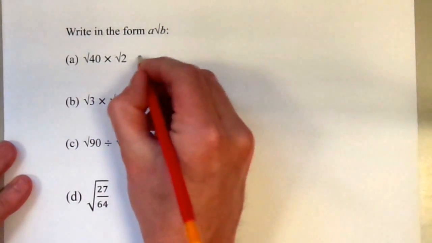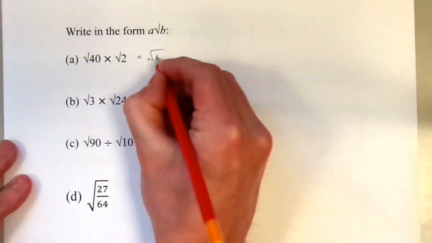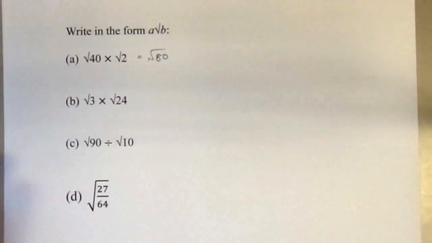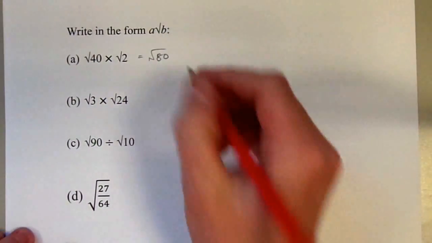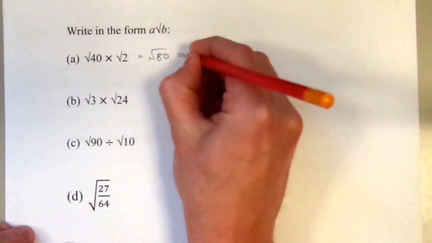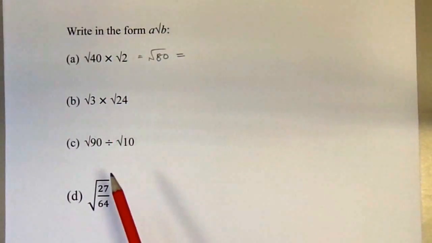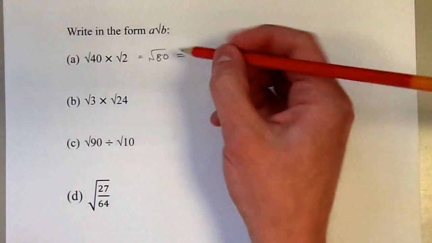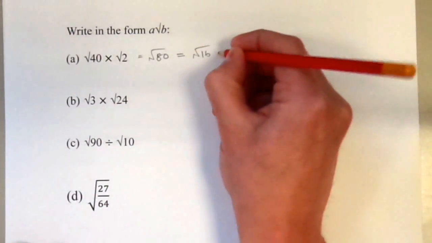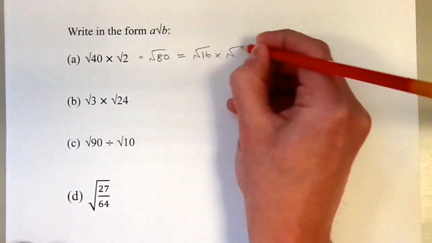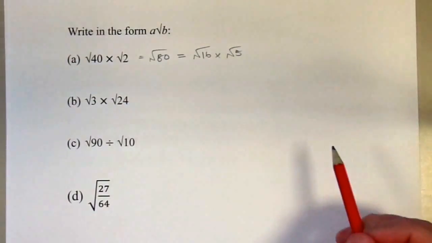Root 40 times by root 2 is the same as root 80. But there are lots of pairs of factors for 80. 40 and 2 are just one. Another pair of numbers that multiply together to give 80 are 16 and 5.